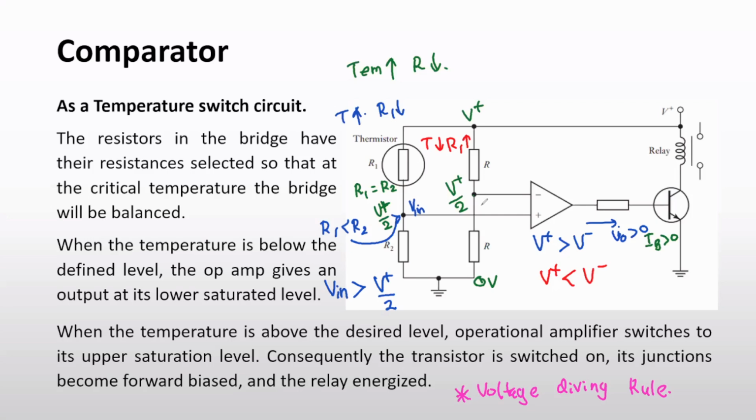By using that, you can obtain the voltage at these two junctions. Then after that, you can work out how these comparators work. Okay, so you can write down. And if you have any questions, please raise your hand.